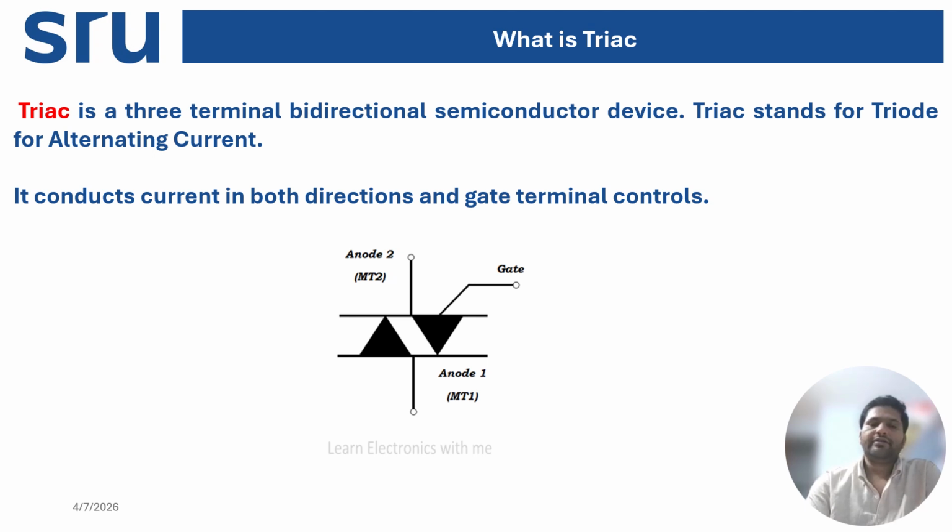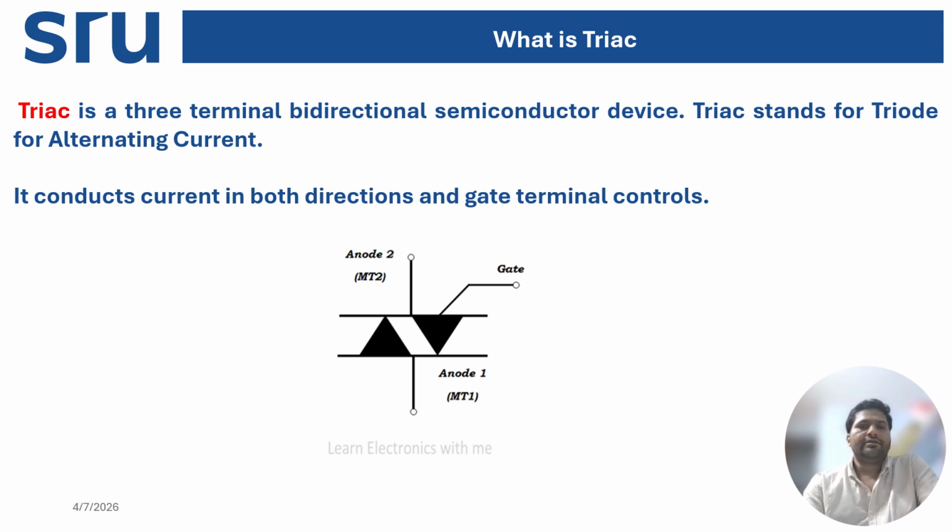So the basic definition: a TRIAC is similar to an SCR, silicon controlled rectifier, but unlike an SCR, it can conduct current in both directions. This makes it ideal for AC applications where current alternates direction.